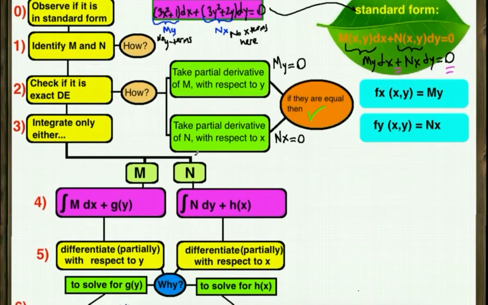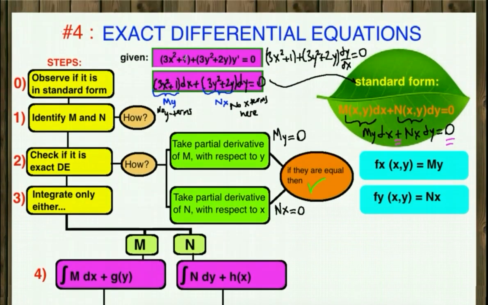If you go this path, you integrate M with respect to x, and you add some function g(y) instead of the constant C. If you prefer the other path, you integrate N with respect to y, and you add h(x) instead of the constant C. The recommendation is to observe the original function and pick whichever part is integrable faster and easier. Here they are equally easy, so let's pick the M part, 3x² + 1.